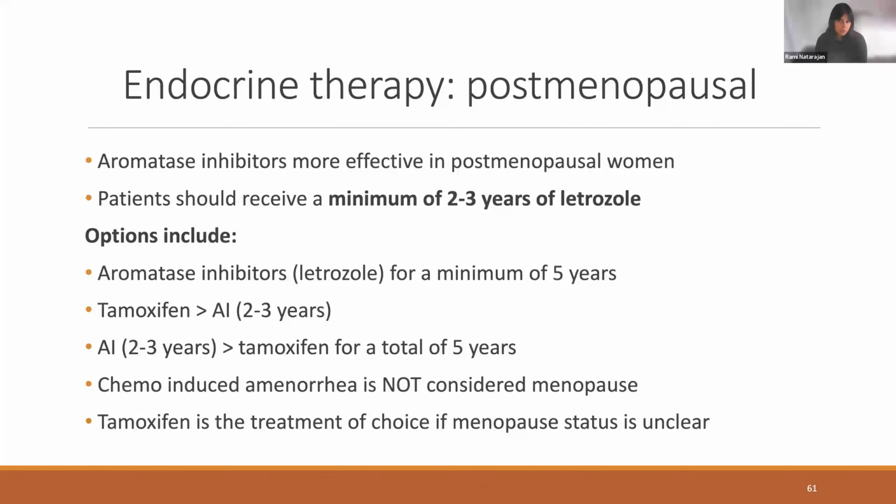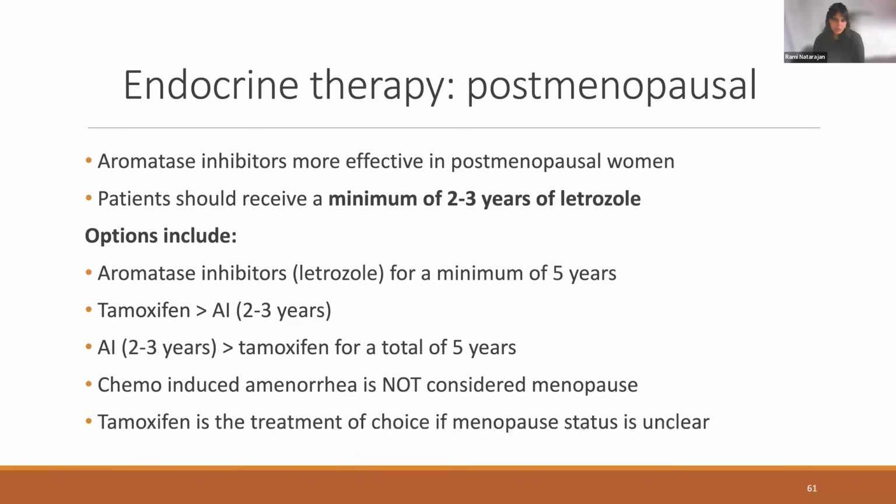In postmenopausal women, so not in this particular case, we know that aromatase inhibitors are more effective in postmenopausal women compared with tamoxifen. So patients should generally receive a minimum of 2 to 3 years of aromatase inhibitor. There are a couple of different ways to do this depending on resources available.